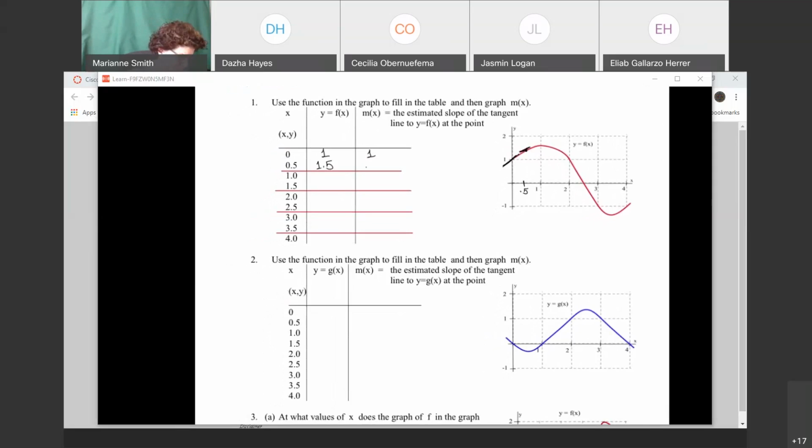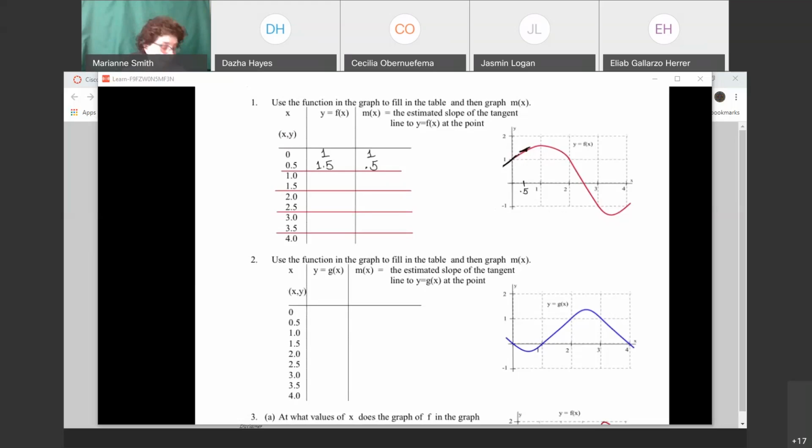So how about we say 0.5? Everybody kind of see what I'm doing here? I'm doing what the app did, but manually. It's a good exercise to make sure you understand the concept of what the derivative's telling you.